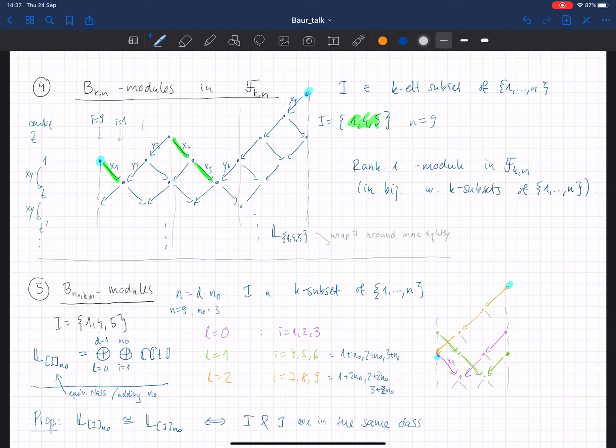So this gives a little bit of a mess, but I've tried to draw it using colors. So let's start. Again we take the subset {1, 4, 5} to use the picture above. When L is 0, we divide 1 to 9 in 3 parts according to d: 1, 2, 3, then 4, 5, 6, which are 1 plus 3, 2 plus 3, 3 plus 3, and then the last 3 bits. So in L equals 0, we have an x.